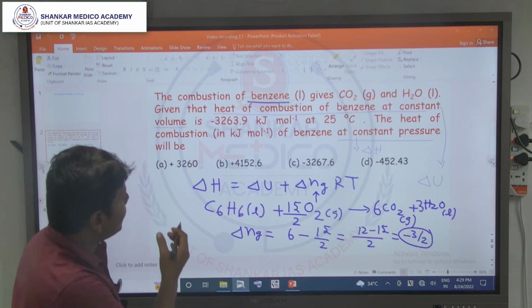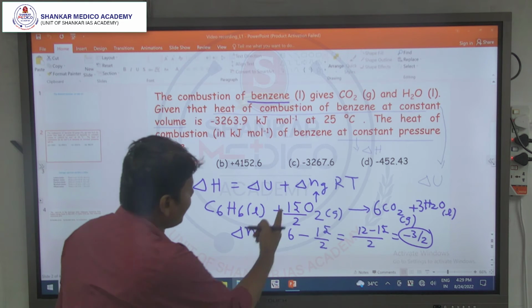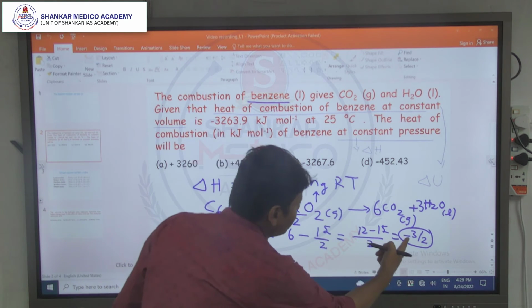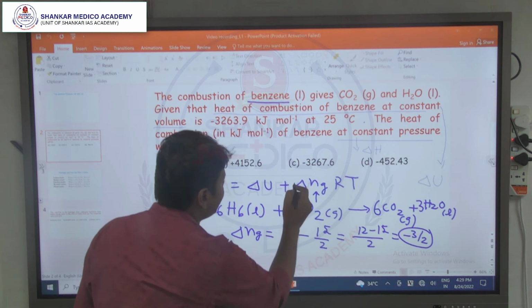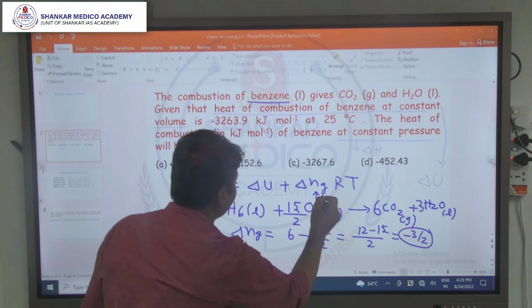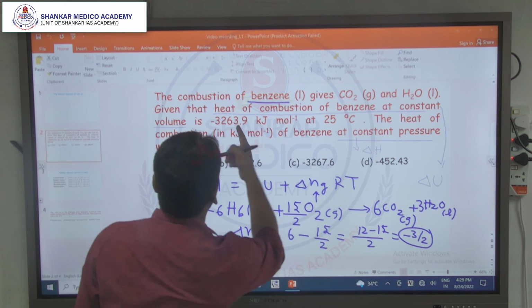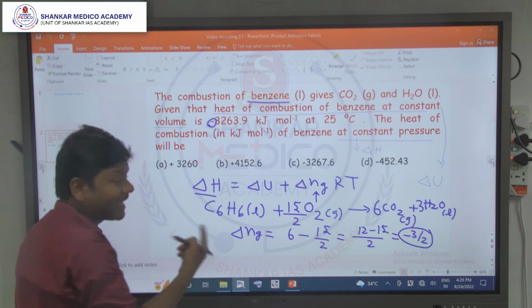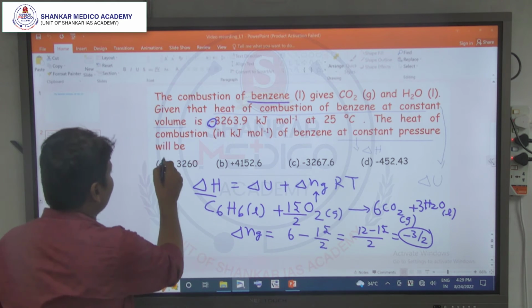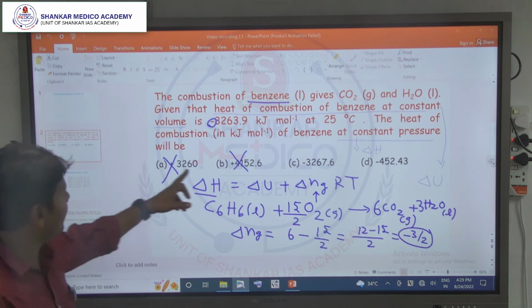From here only you can rule out some of the options. How it is? See that however your delta Ng is negative, correct, this R value, temperature value, if you multiply, this full term will be negative. Then delta U, already they have given, delta U is again in negative. That means my delta H will be negative value. So, I do not have option A, I do not have option B, because these are given in positive values.